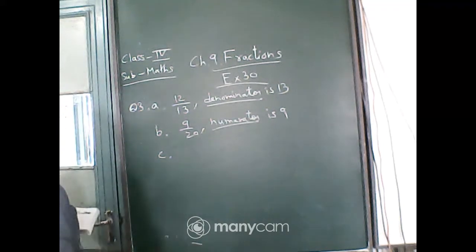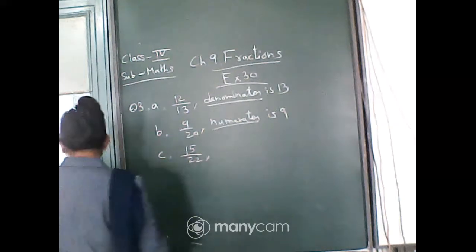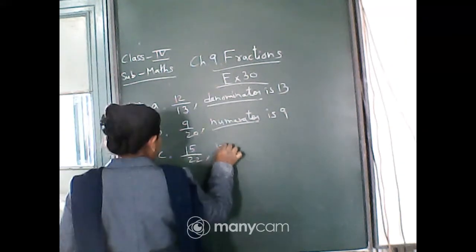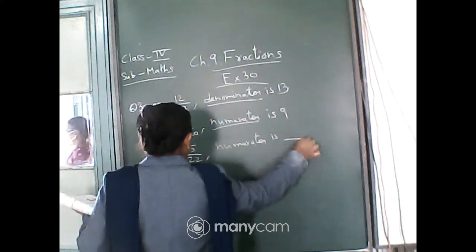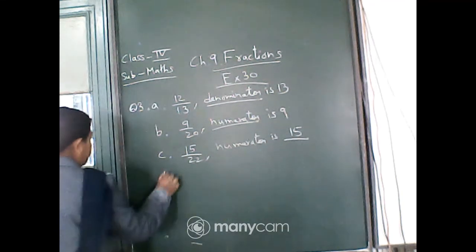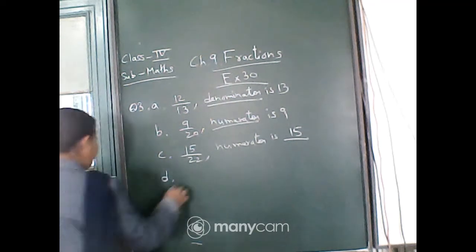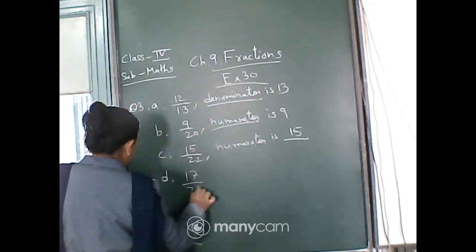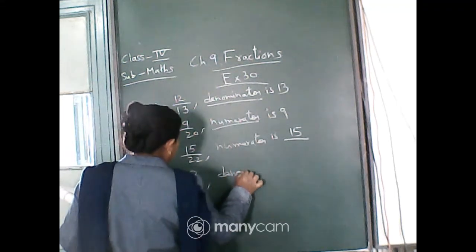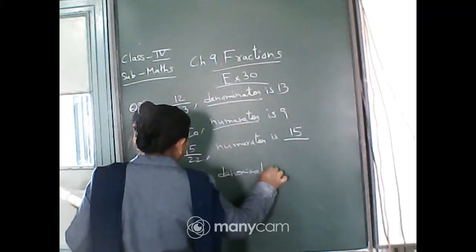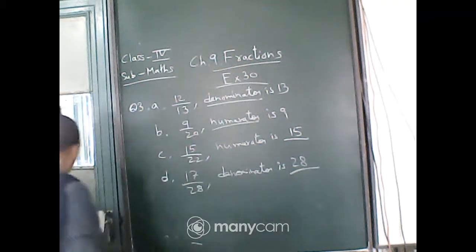Number C, 15 by 22. The numerator is asked here, so the numerator is 15. Okay, the numerator is 15. Then in 17 by 28, the denominator is asked, so the denominator is 28. Okay.